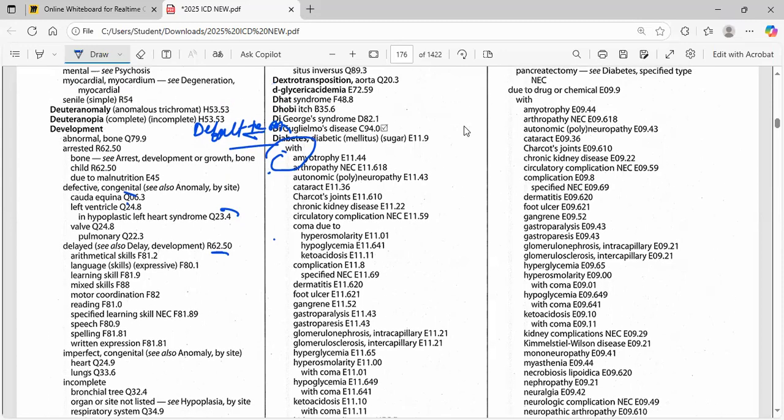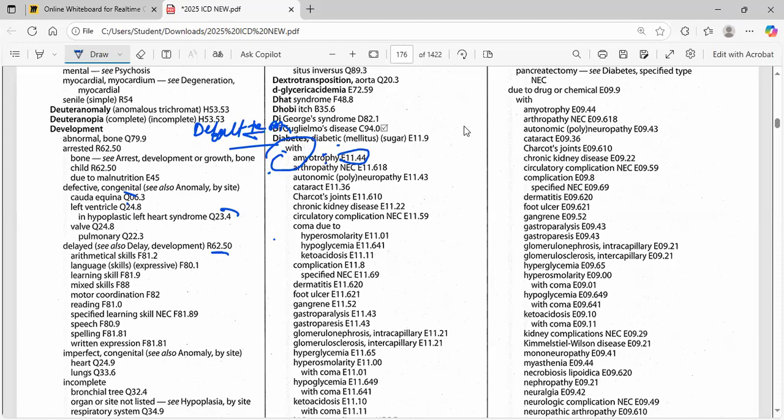So let's say the patient has diabetes and amyotrophy. We have to use E11.44. We have to use the combination code to represent these two conditions, and we will always prioritize the combination code. That's the only reason we have the "with" listed at the bottom of the default code itself instead of being listed alphabetically in the index.